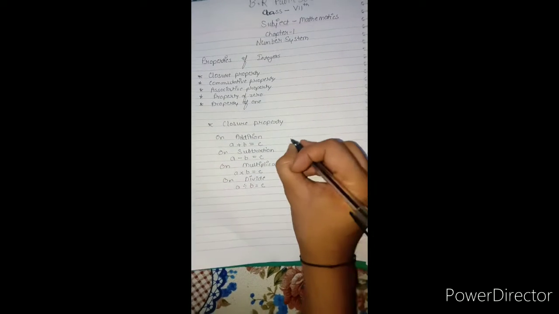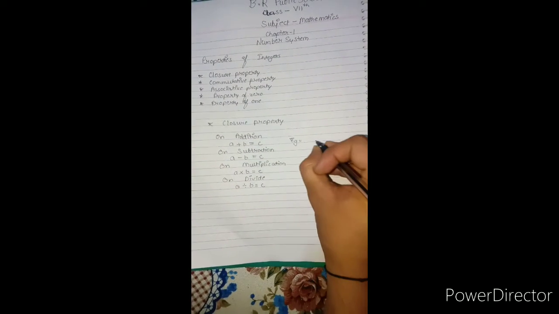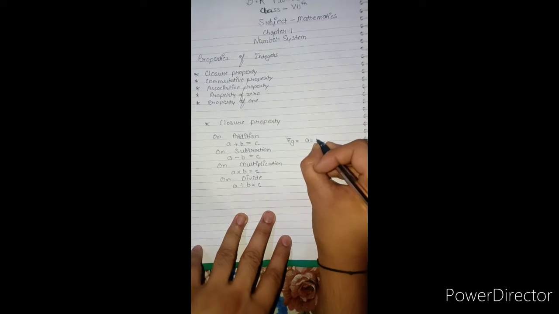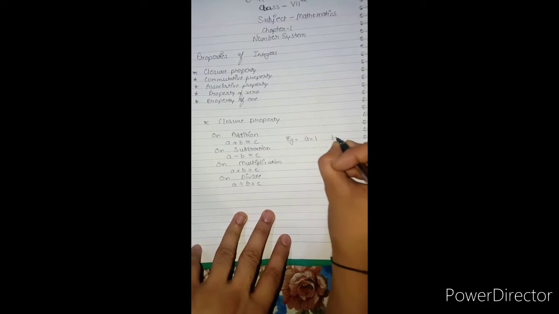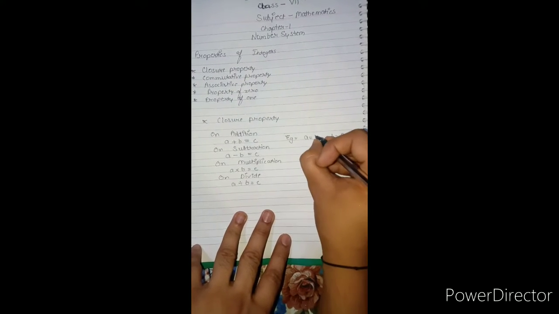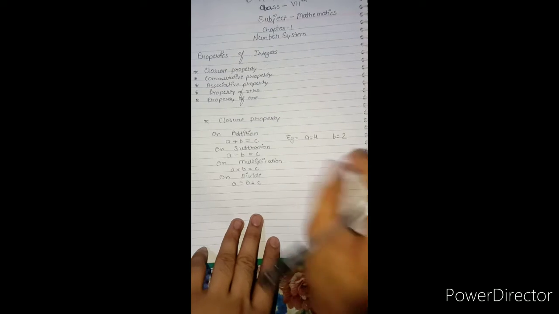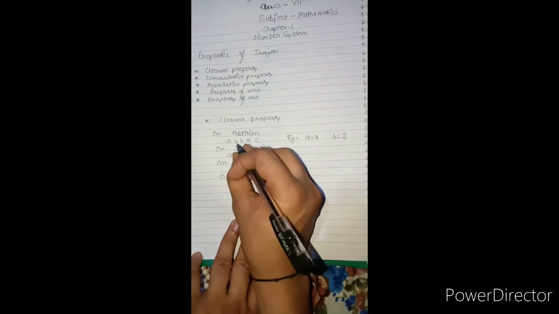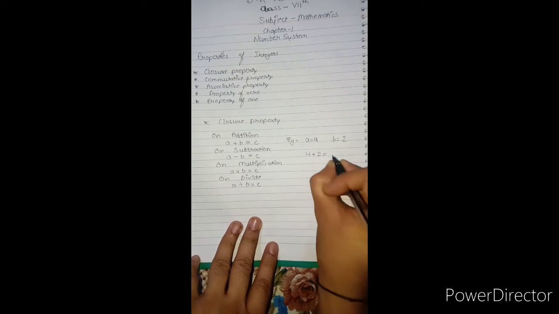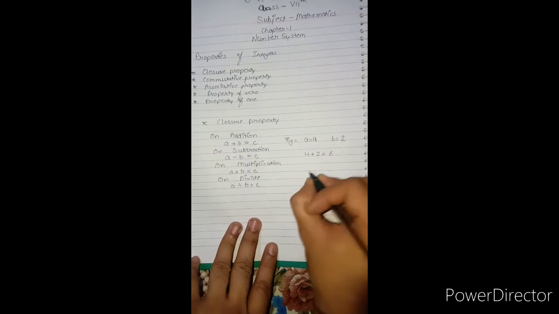We are taking one example of all. For a we are taking 4, for b we are taking 2. First we put addition: 4 plus 2, we got 6.